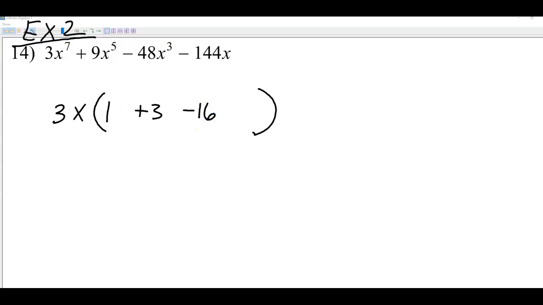And 144 divided by 3, I want to say it's 48, but maybe someone with a calculator can check me on that. And if I take 1x away from all of those, I would have that.